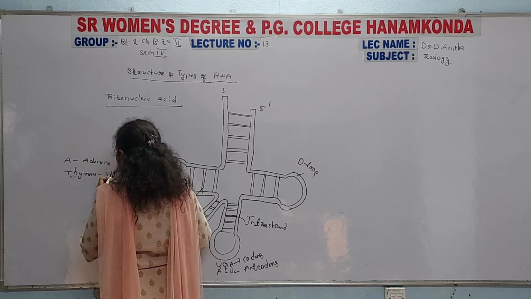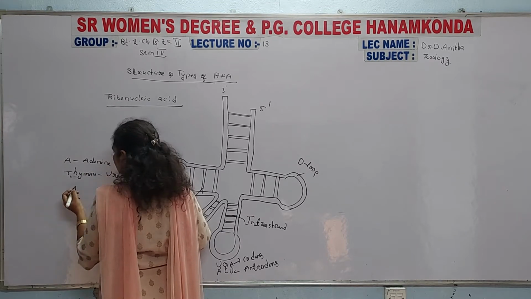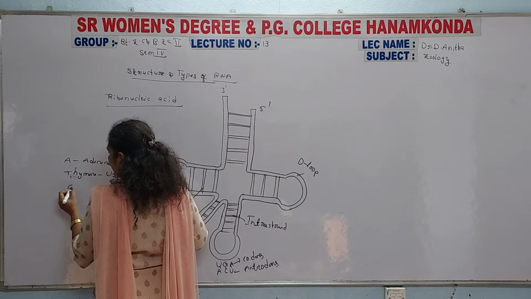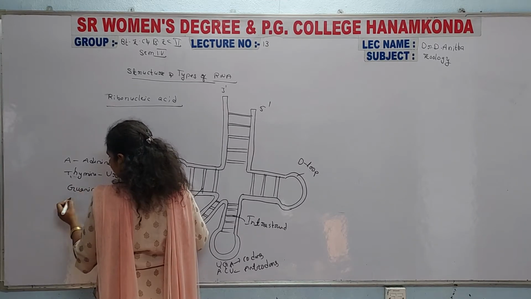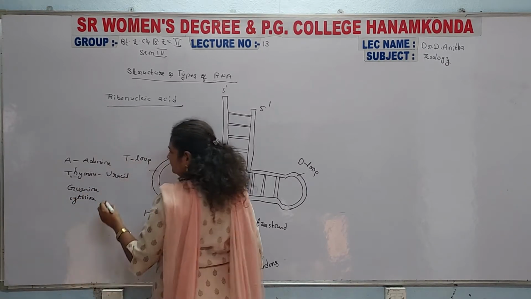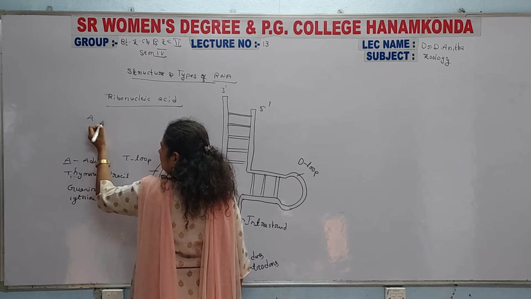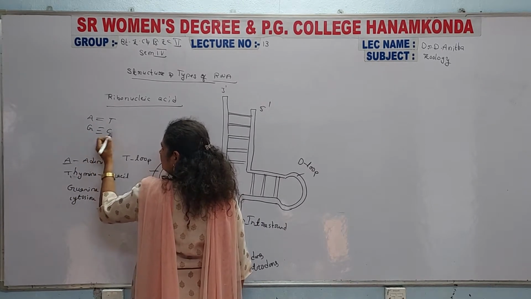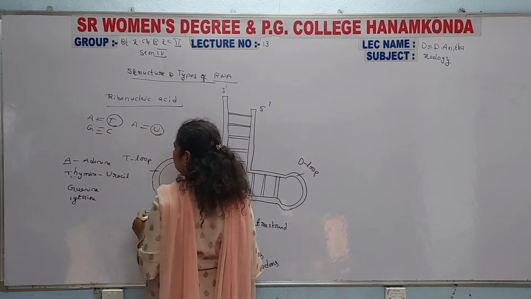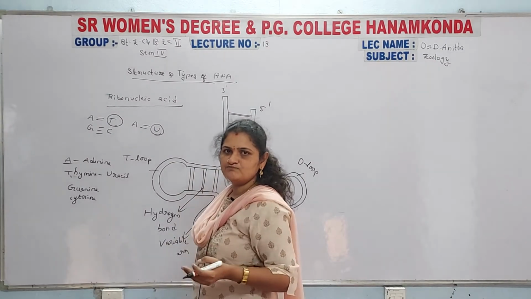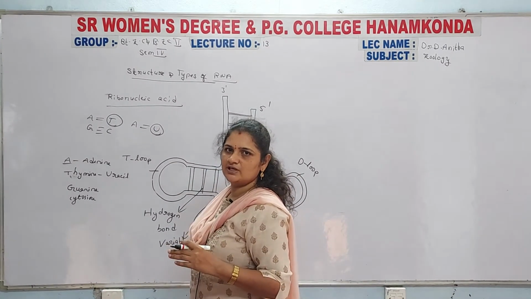Instead of thymine, uracil is present as a nucleotide here. The remaining guanine and cytosine are as they are. So inside the DNA, adenine is bonded with thymine and guanine with cytosine, but here adenine is bonded with uracil. That is the main variation between the structure of DNA and the structure of RNA.